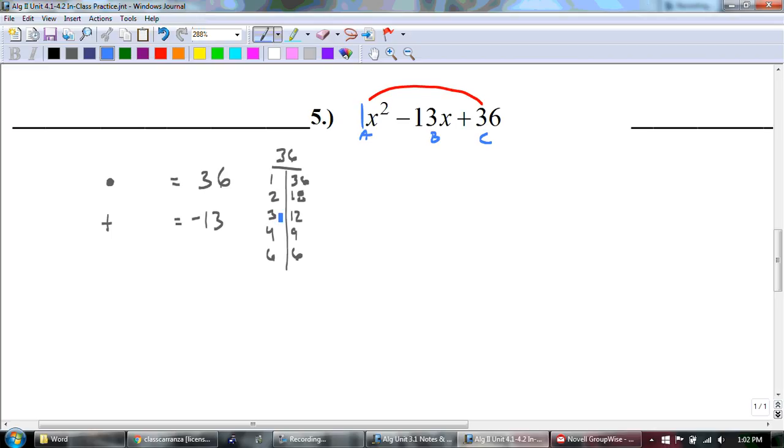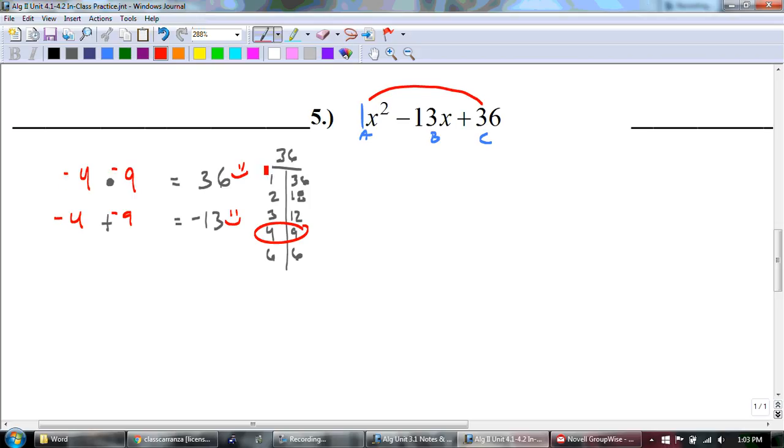There's only one combination here, and that's 4 and 9. So 4 and 9 get to 36, but to get them to -13, they both have to be negative.